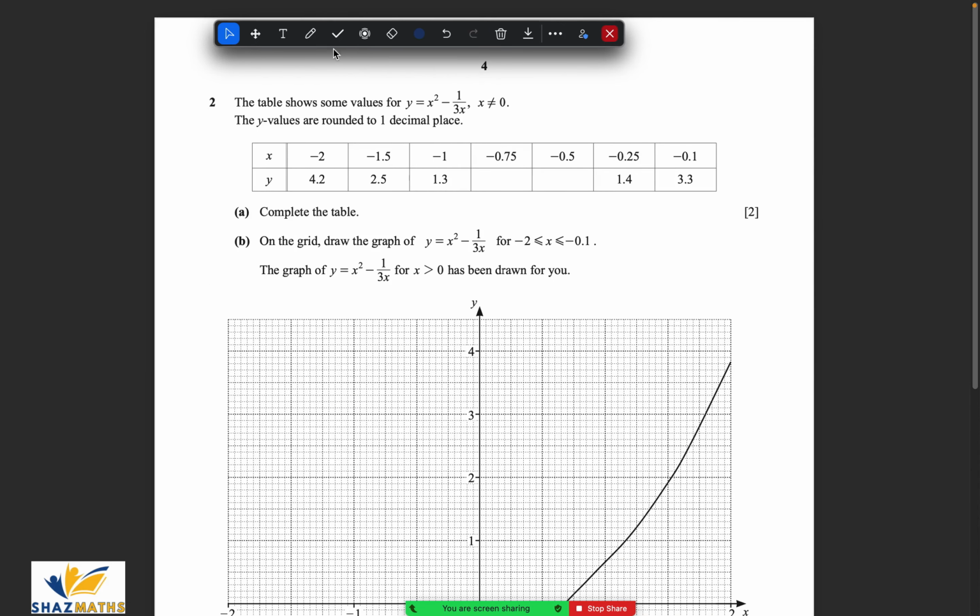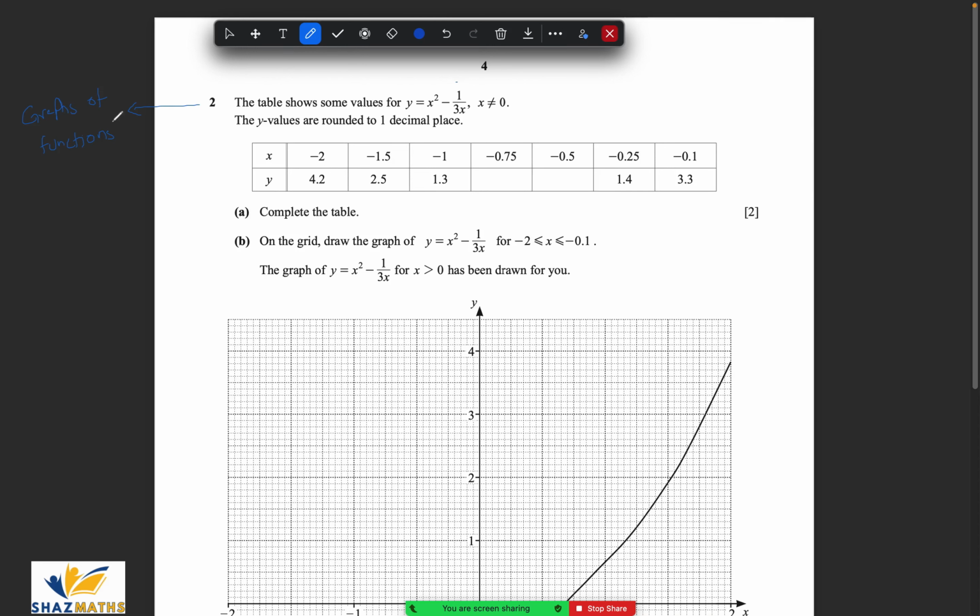Question number 2, now it says the table shows some values and it is some equation. Now what I can see over here is that this question is from the graphs of functions.